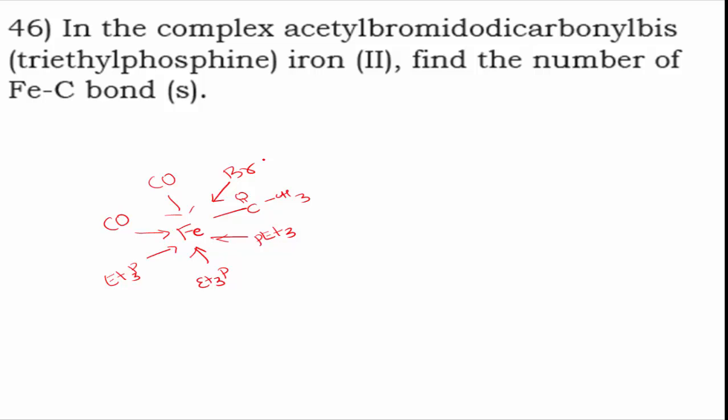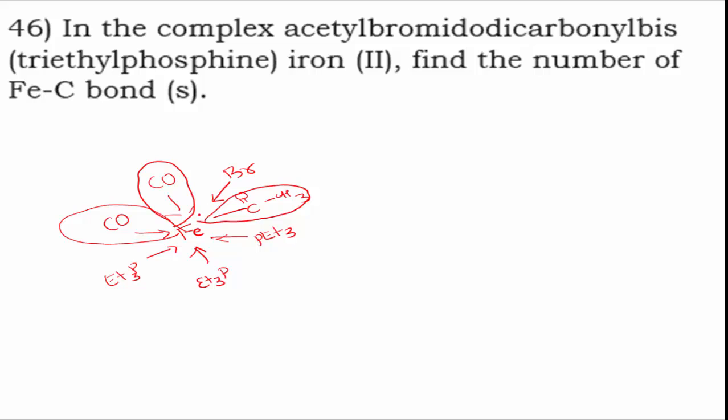Yes, in the given structure, the iron carbon bonds are present here, this one and this one, along with the carbonyl group, this one. Therefore, when we observe the structure of the given complex, 3 iron carbon bonds are observed.